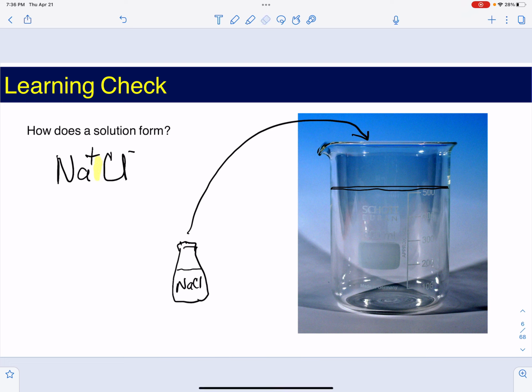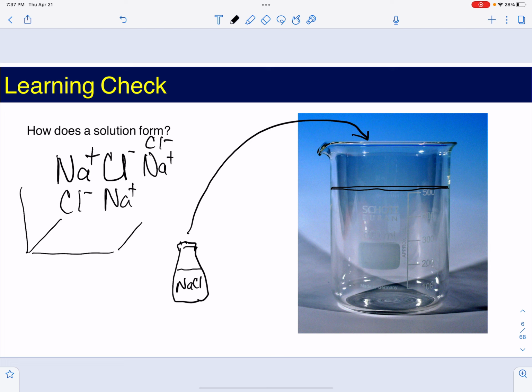However, ionic compounds are not just two atoms. It's a network of those atoms. So there's going to be a chloride over here, a sodium over there, a sodium over here, a chloride over there, and it even comes to the front, and it's going to make a perfect cube.